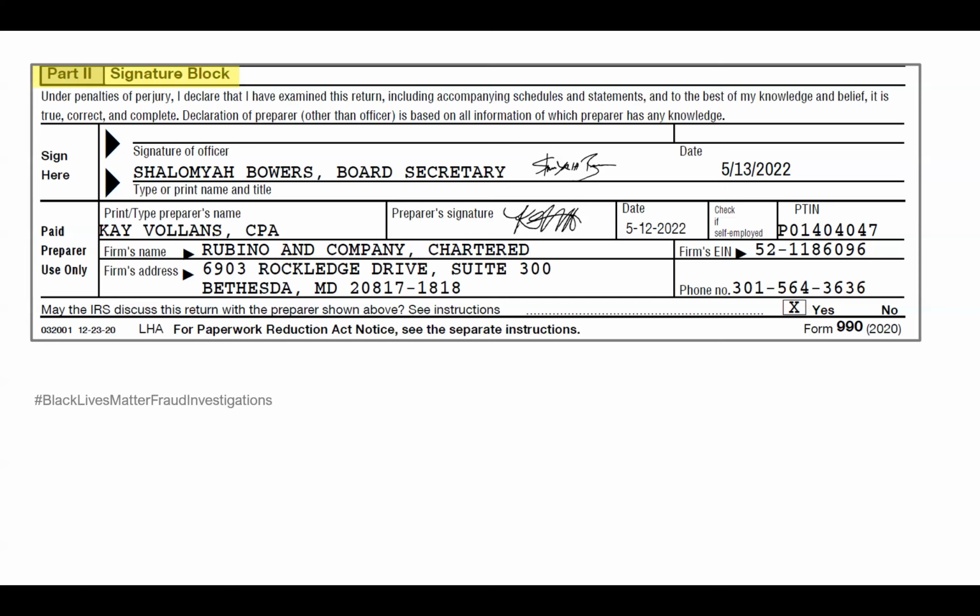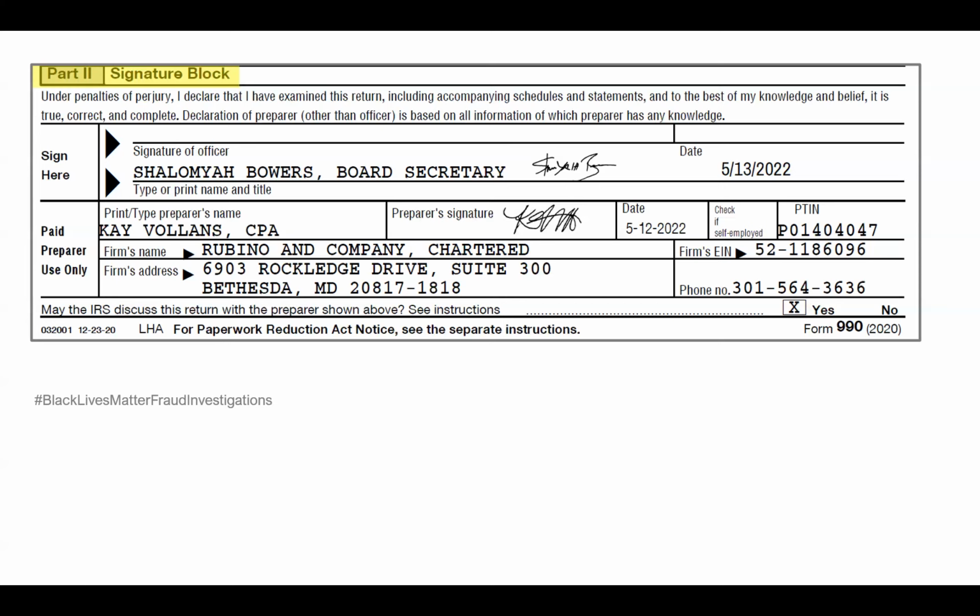And what that means is the preparer of this Form 990 can only use the information that the Black Lives Matter Global Network Foundation's team gave them to prepare this Form 990. As a person who has a 501c3 nonprofit organization, I know what it means to have an external CPA audit our nonprofit organization.